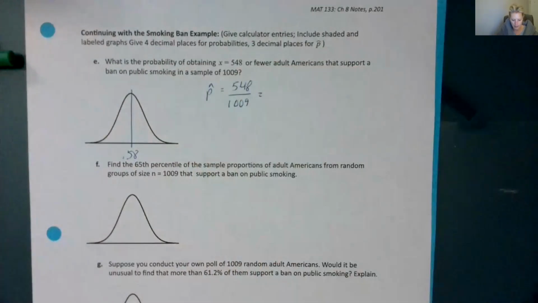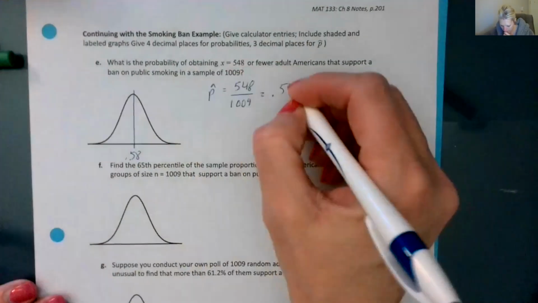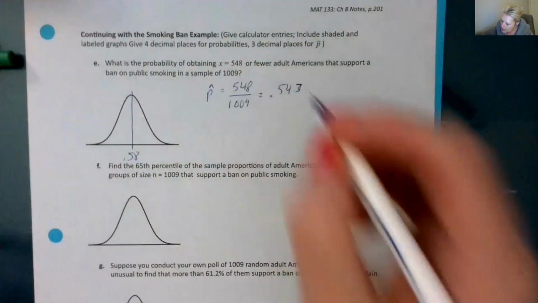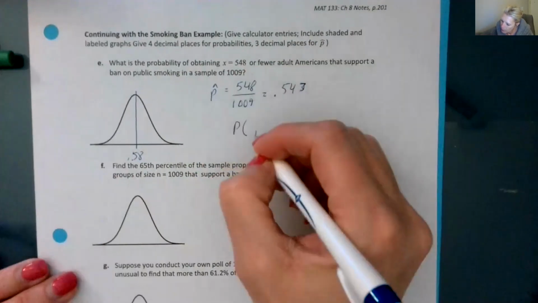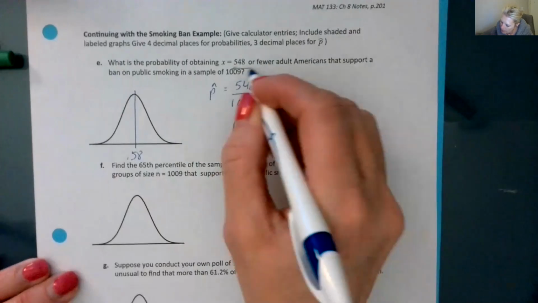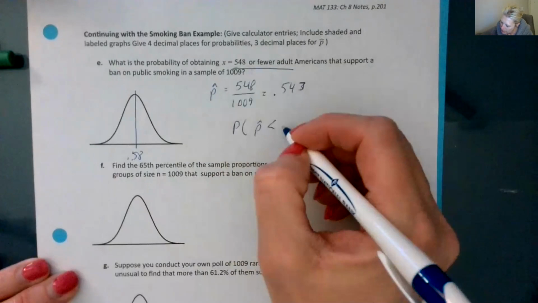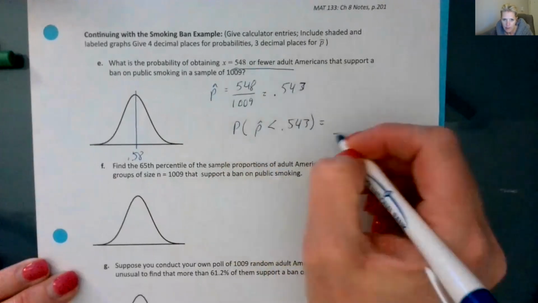What would that be? And so that would be 0.543. And they said, what is the probability of obtaining or fewer? So a less than this 0.543, right? So they want to say or fewer.